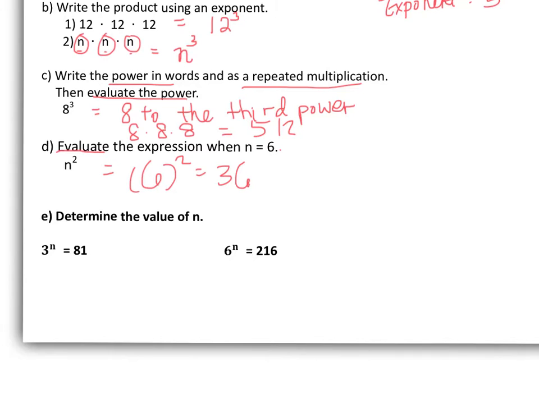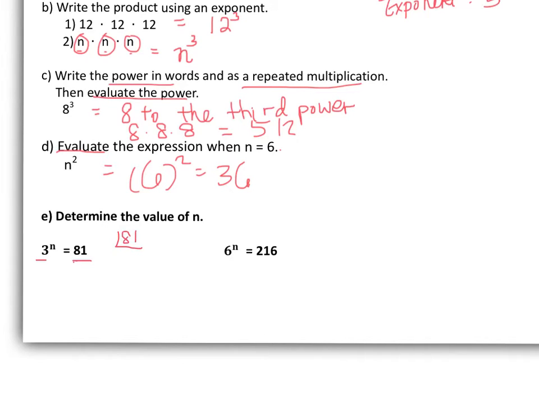Part E, determine the value of n. So here, you know that the base is 3 on the left-hand side. For the right-hand side, I would like to make the base 3 as well. 8 plus 1 is 9. So I know 81 is divisible by 3.